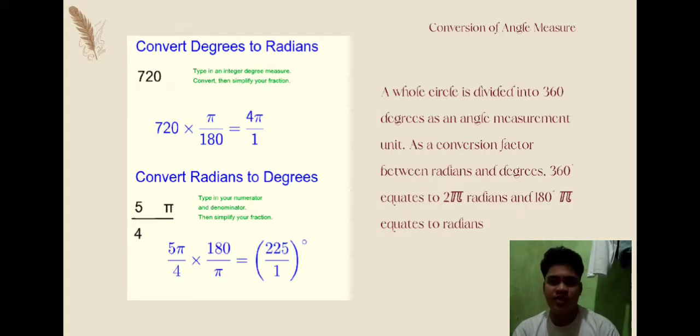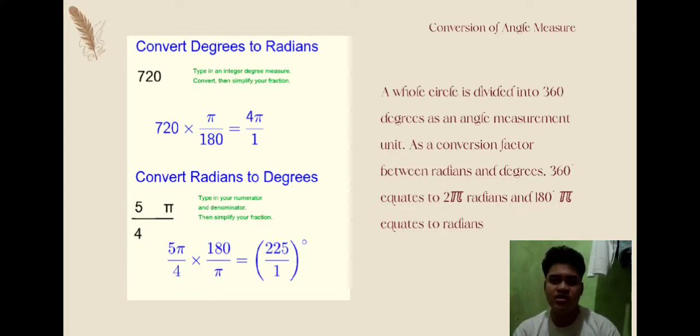For example, in converting degrees to radians, we have 720. So 720 multiplied by pi radians over 180 degrees, cancel out the degrees, get the lowest term, which is equal to 4 pi over 1 radians.